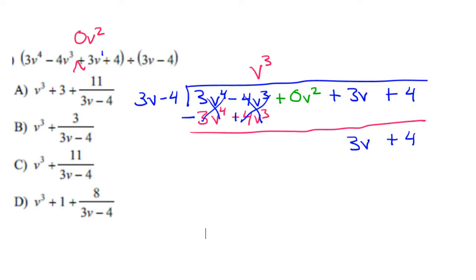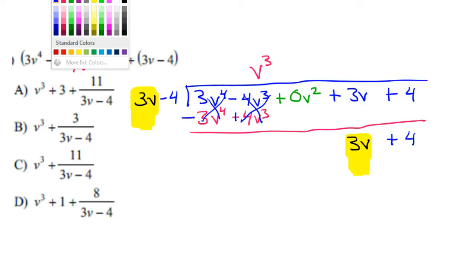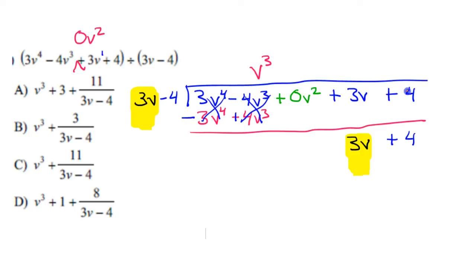Okay, so once again I will turn my attention to this and this. And I'm asking myself, 3v times what will give me 3v? Well, that is 1. 3v times 1 is 3v. And 1 is a constant, so I'm going to line it up with the constant.